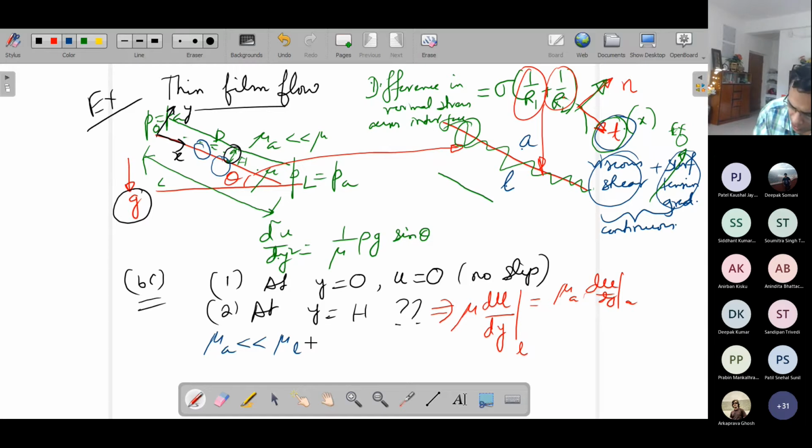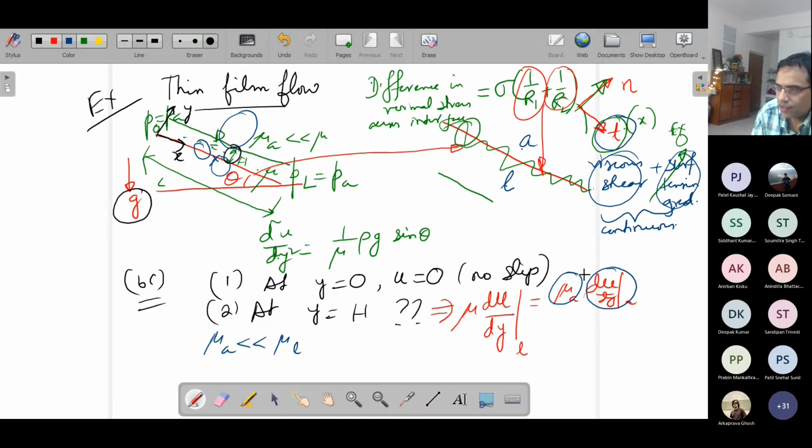And there is no velocity gradient in the air, because velocity gradient in the liquid is primarily triggered by the no slip boundary condition at the physical solid wall. In the air, there is no such physical restriction that is imposing a velocity gradient. So this is small and this is also small. So the product is so small that it will be virtually zero.